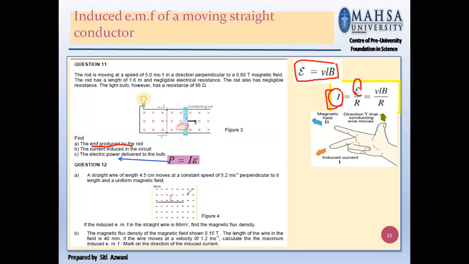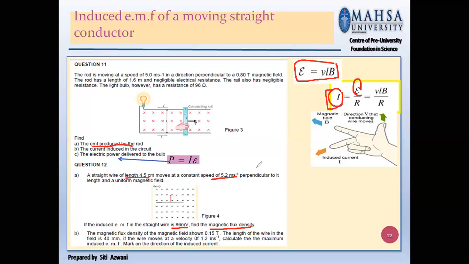It is the same for question 12. In question 12, you want to calculate the magnetic field B here, but the problem gives the value of your induced EMF. You have the velocity of your straight conductor, and then you have the length of your conductor.